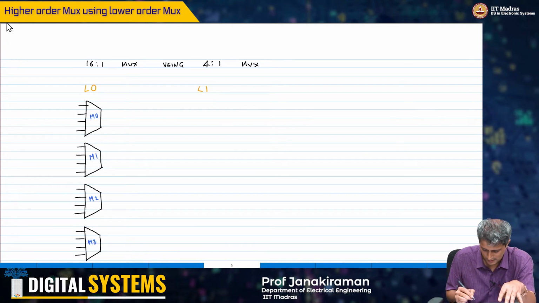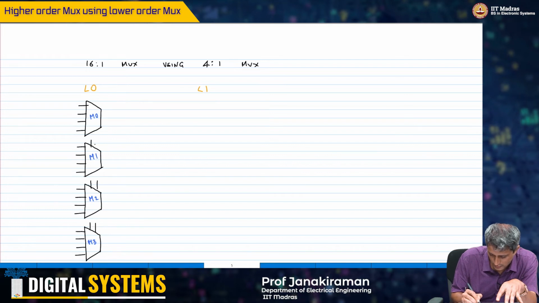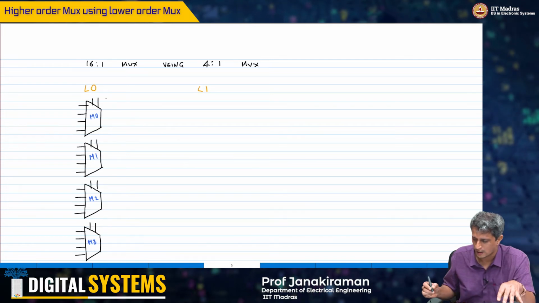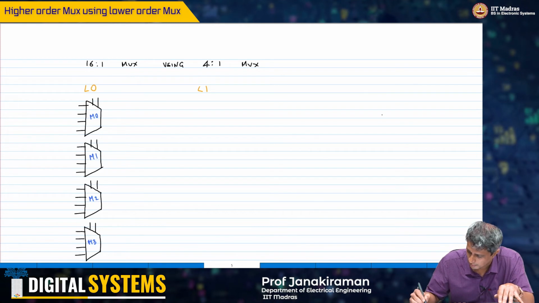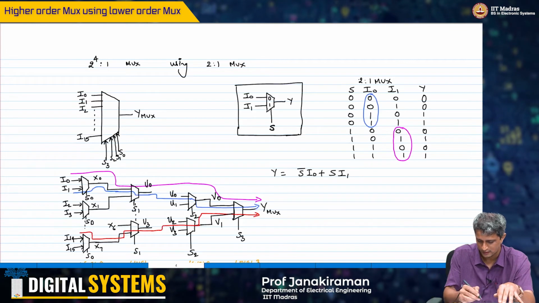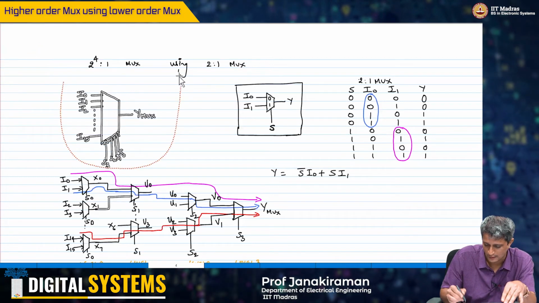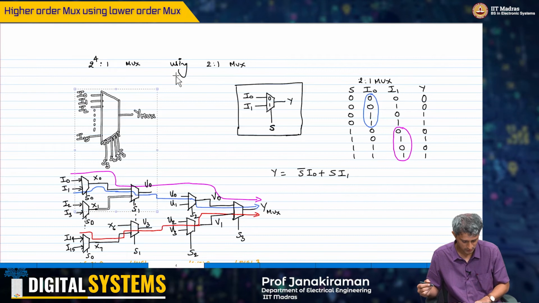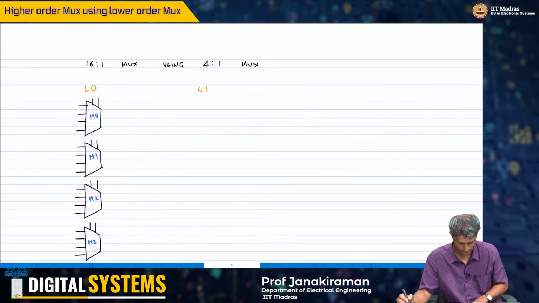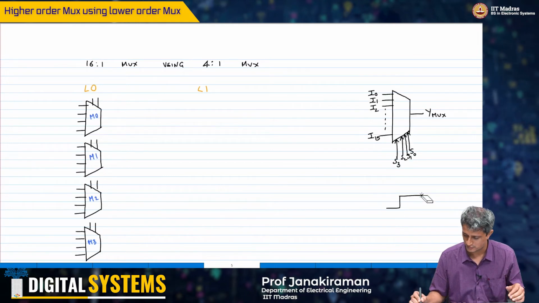And the select line, I will just indicate the select line here. Each of them has 2 select lines. And of course, by the way, the multiplexer that we want is actually already here. We need a 16:1 multiplexer from here. So let me copy this. This is what we need.